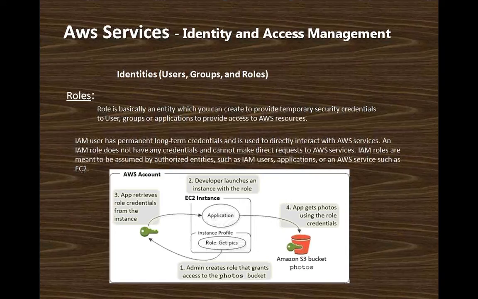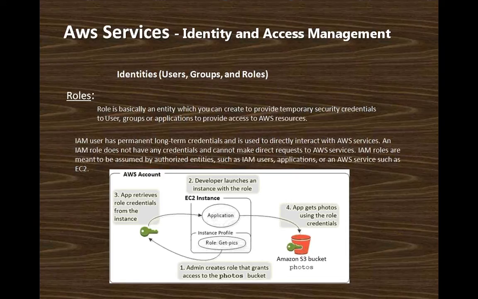Basically, IAM roles are meant to be assumed by authorized entities such as IAM users or applications, or an AWS service such as EC2. We'll be covering a practical on how we can assign a particular role to an EC2 instance.